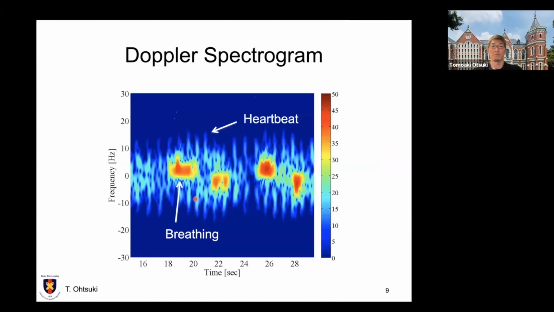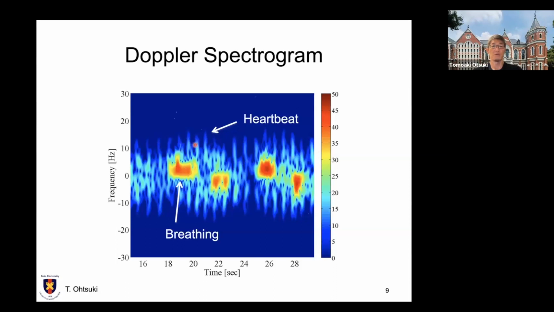This is an example of the Doppler spectrogram. So we apply the STFT to the signal obtained by the Doppler radar, a CW radar, continuous wave radar. The horizontal axis is the time, the vertical axis is frequency. The large energy corresponds to the respiration, breathing. And you can also see a white periodical signal.